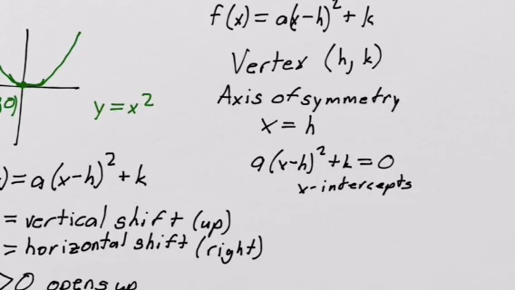So that's how we get information about the graph of a quadratic function from the vertex form.